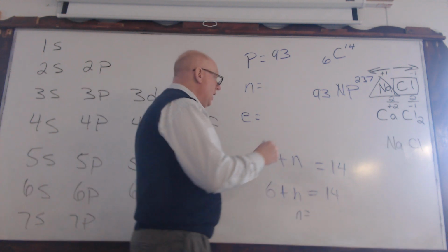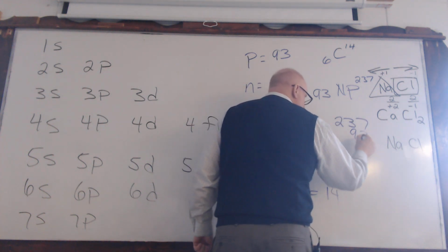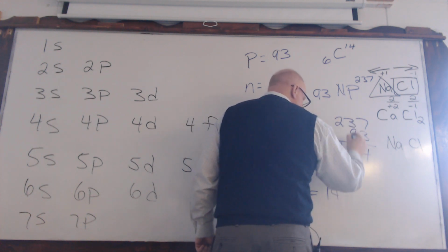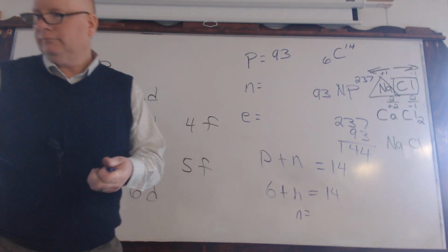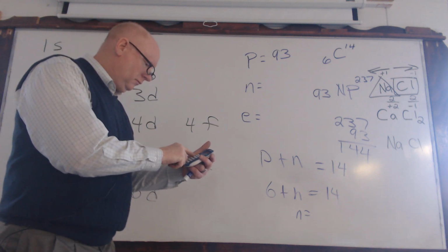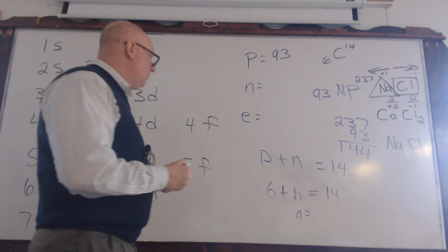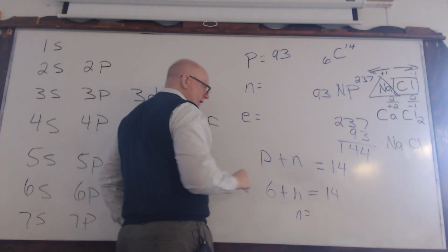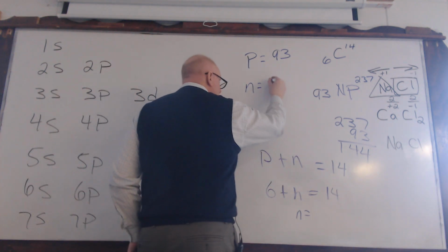So if we have 237 and we subtract 93, that gives us 144. So, which one of those is it, the electrons or the neutrons? Neutrons.